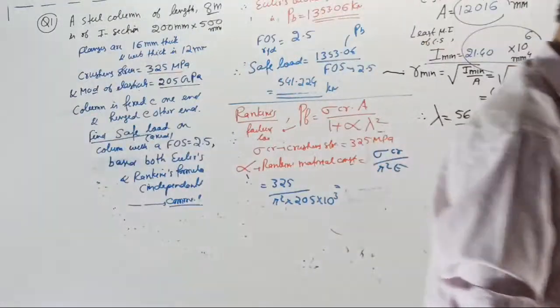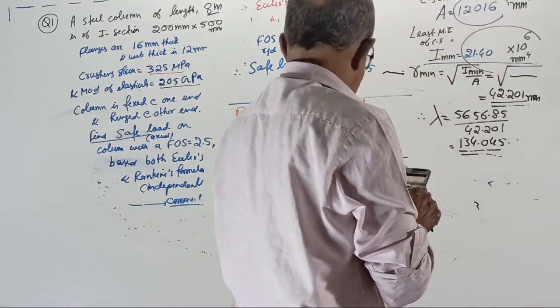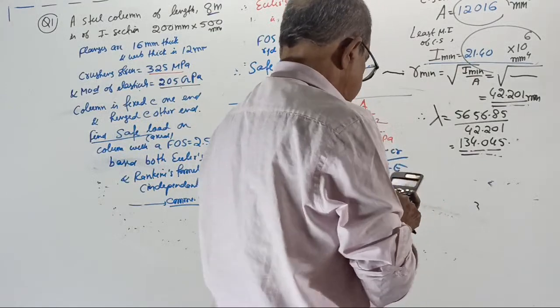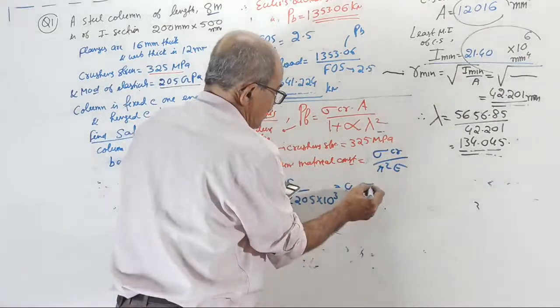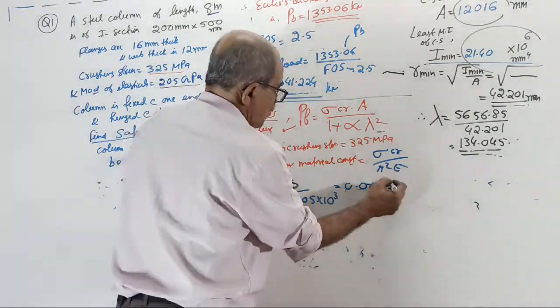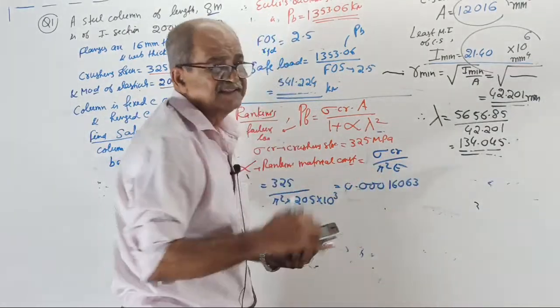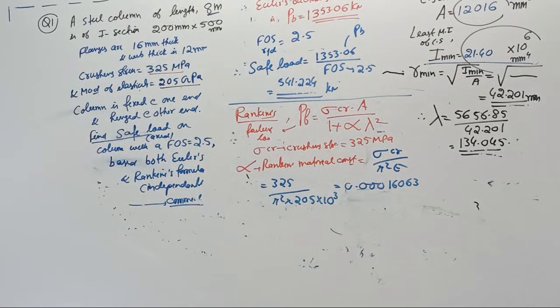Tell me, where is the answer? 325 divided by pi square divided by 205 into 10 to the power 3 comes to 0.0001603. Correct answer? Fast, correct or not?